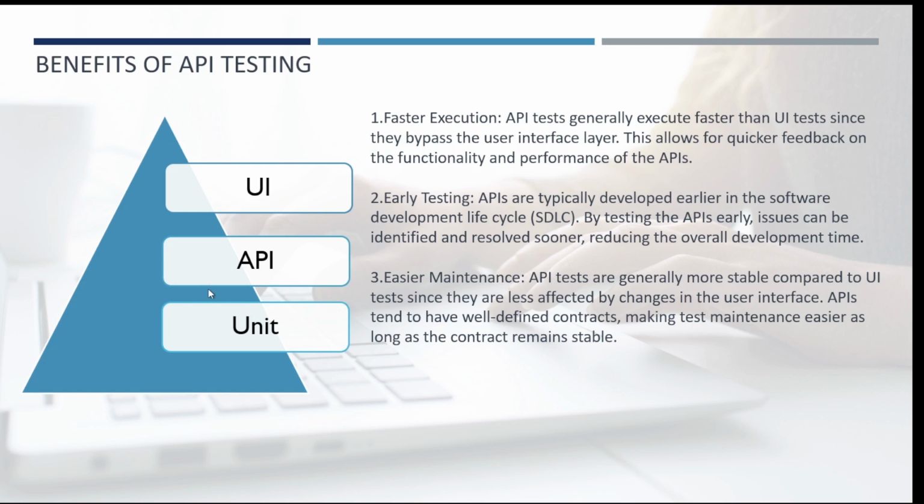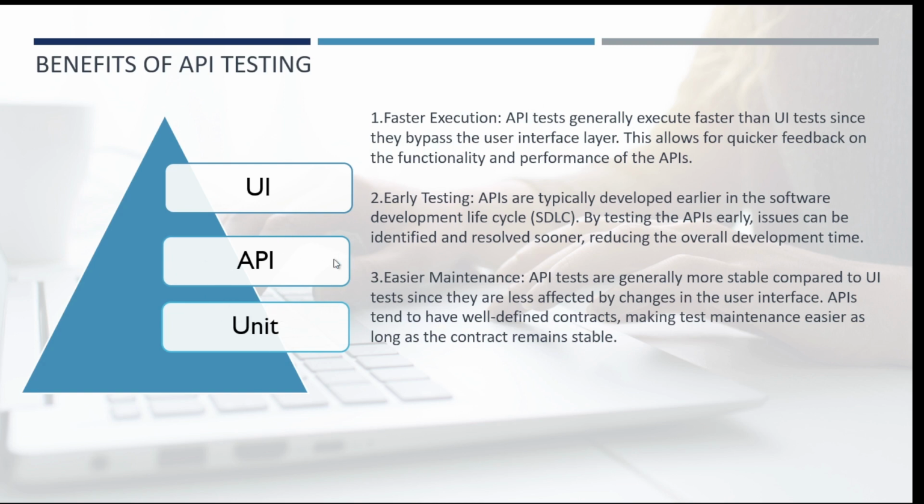So it will be more expensive to fix a bug here than fixing a bug that is found here. So that's why these two are done first.